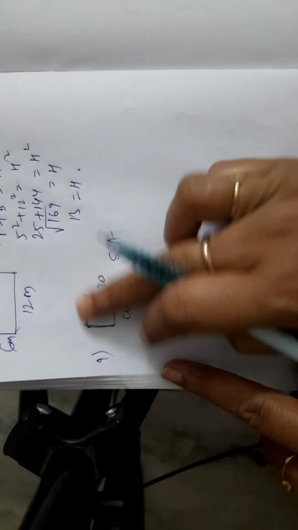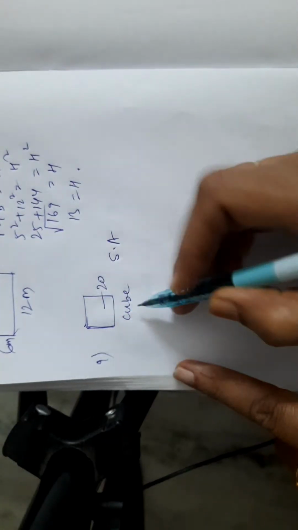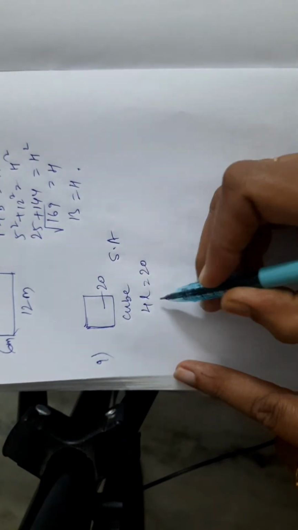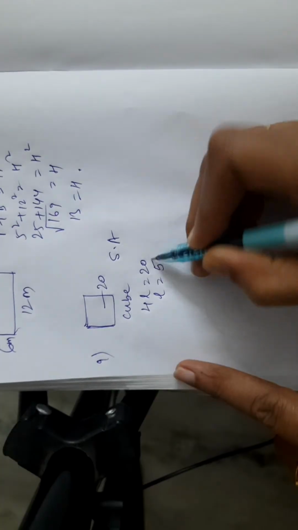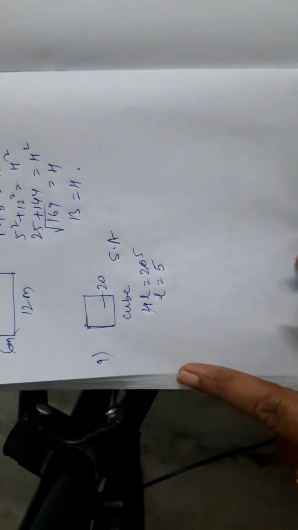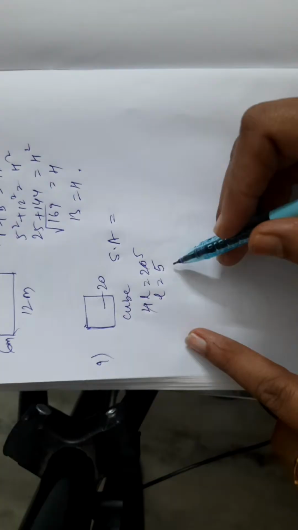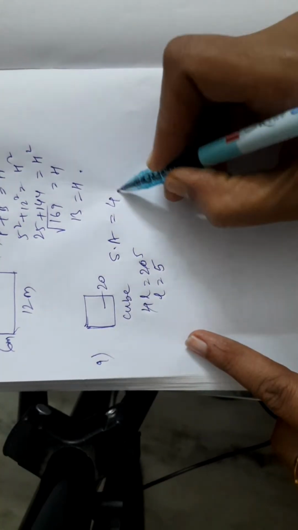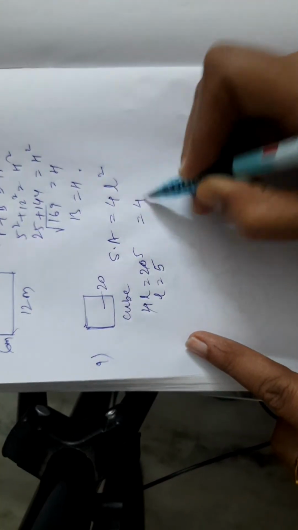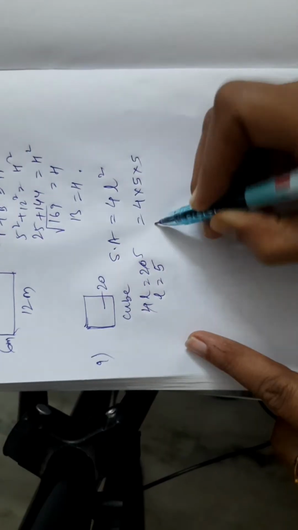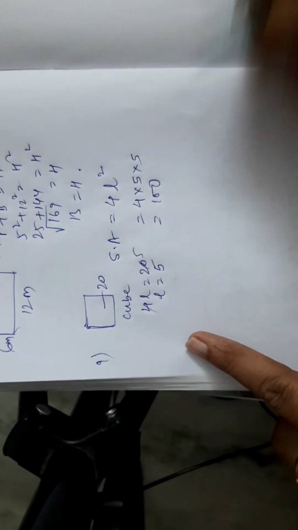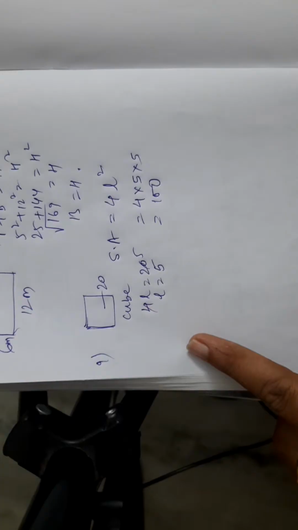So first we'll be calculating what is the length. As perimeter is 4L, 4L is given 20, thus L is 5. Surface area of cube 4 L square, 4 into 5 into 5, 25 fours are 100. So answer is 100.